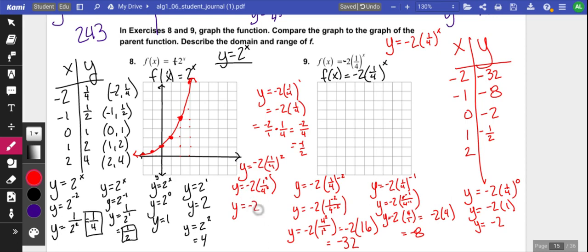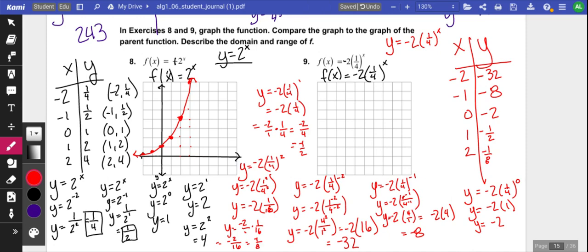So 1 squared is just 1. 4 squared is 16. I don't know why I wrote 12. 16. And then again, I can multiply my two fractions. -2/1 times 1/16. All right, I'm going to get -2/16. That's -1/8. Right? So I have -1/8.